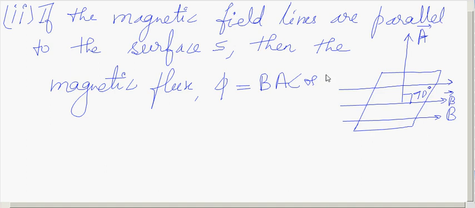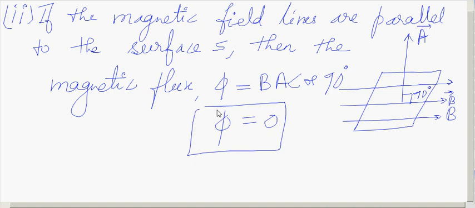Therefore BA cos 90 and flux becomes 0. That means actually there is no flux cutting through the given surface. If the magnetic field is parallel to the surface, then there are no field lines cutting through the given surface. Therefore flux is 0.